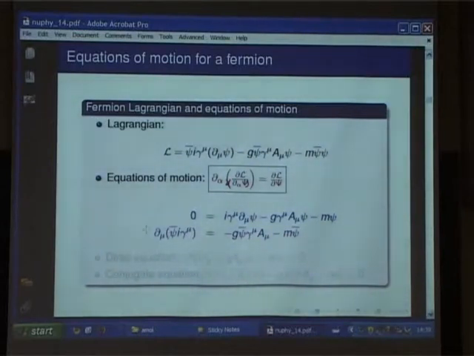Let's also write the second equation now, where the field is psi. Firstly I need del L by del of del_alpha psi.